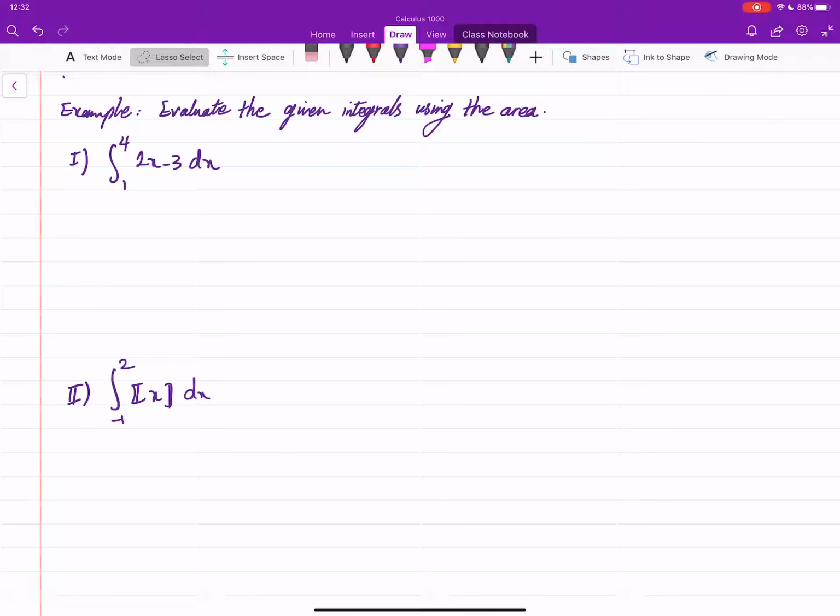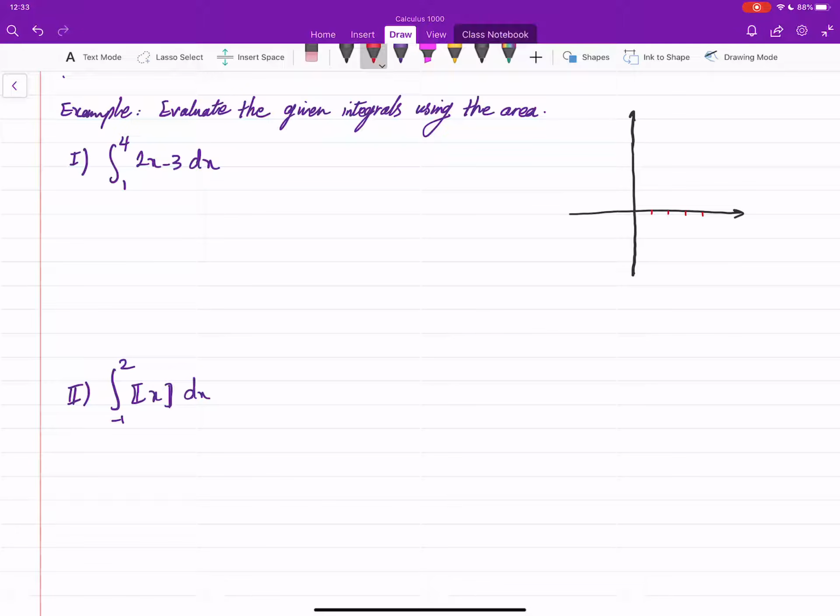Okay, here I have this function, so let's see. This is 2x minus 3.